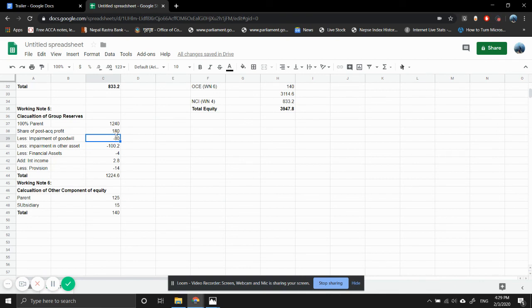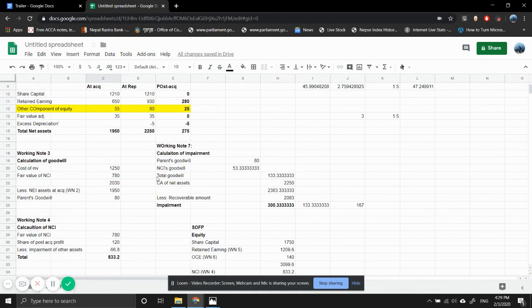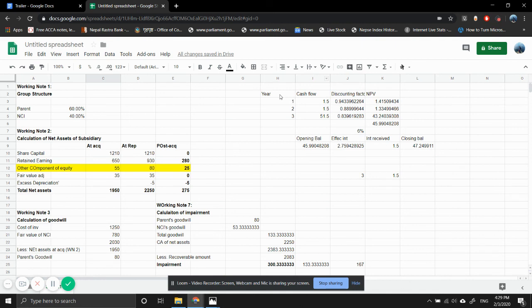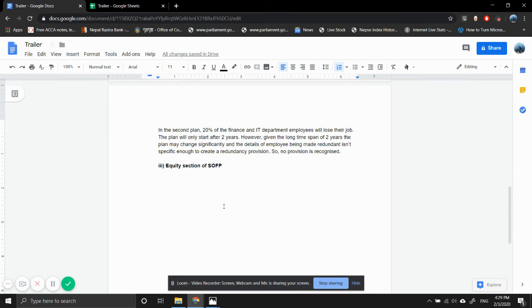It changes the whole thing. So out of this 25, 15 would have been added, but we need to present it separately, so we present it separately, okay? That's what the question asks. Since that's also done, I think we are good with the equity section.